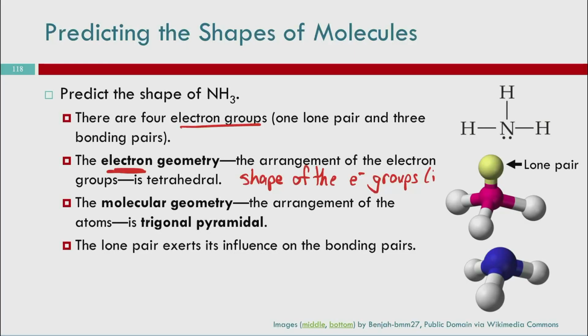So this includes lone pairs. We have to consider this first because all of our electron groups repel each other. Then we've got our molecular geometry, the shape of the molecule. So this excludes lone pairs.